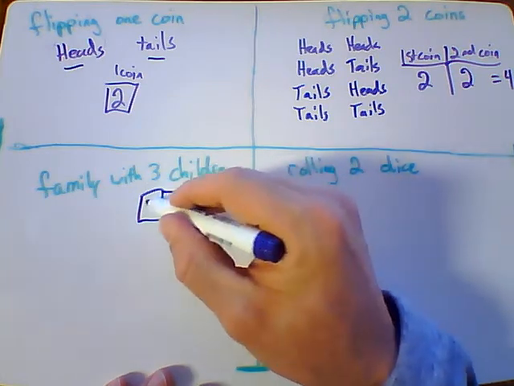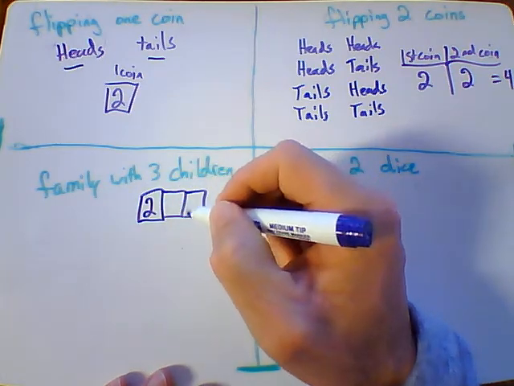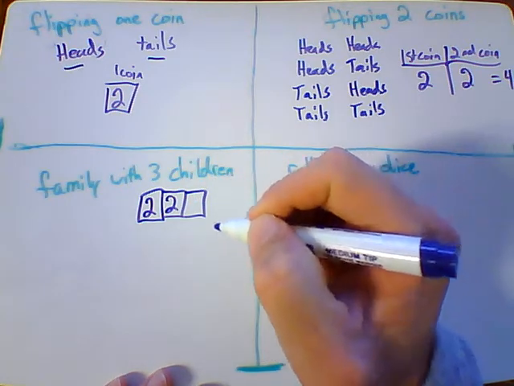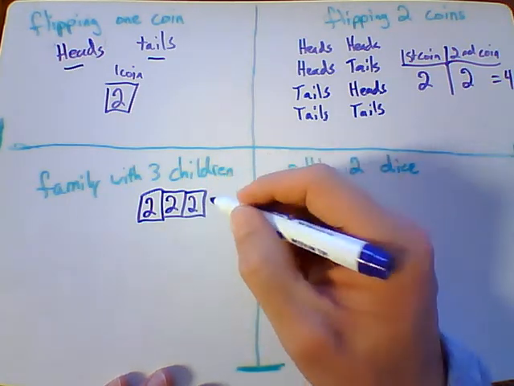So if I have a family with three children, right? The first child could either be a boy or a girl. The second child could be a boy or a girl. And the third child could be a boy or a girl.